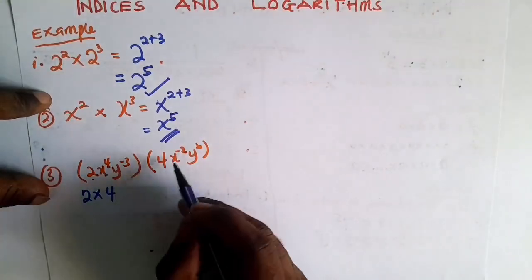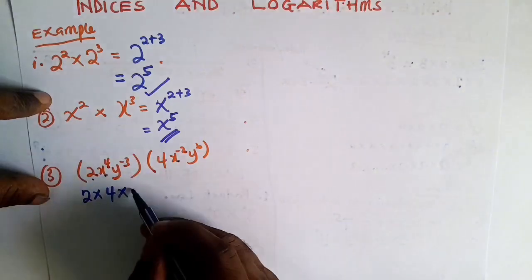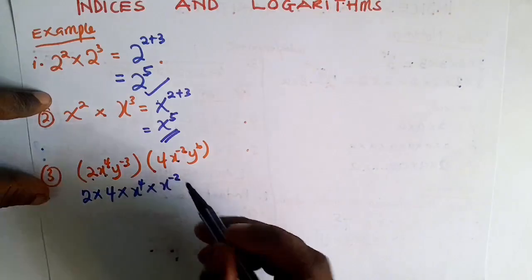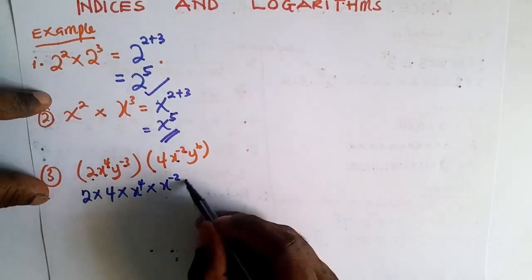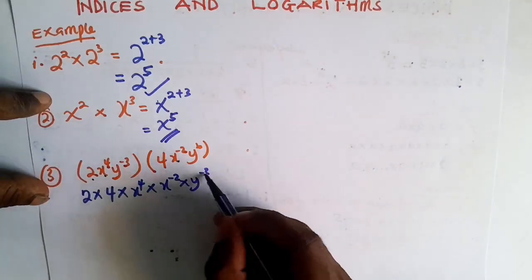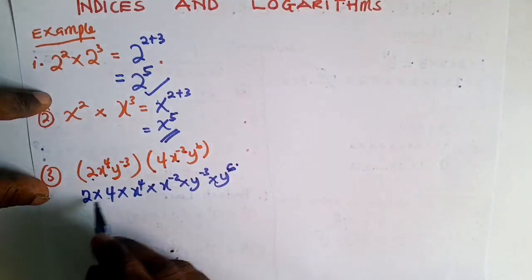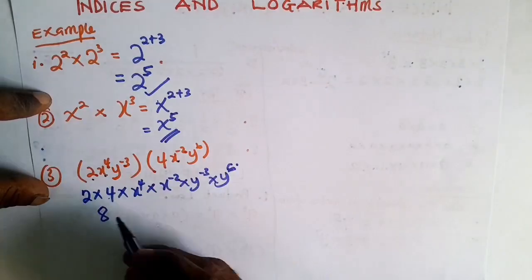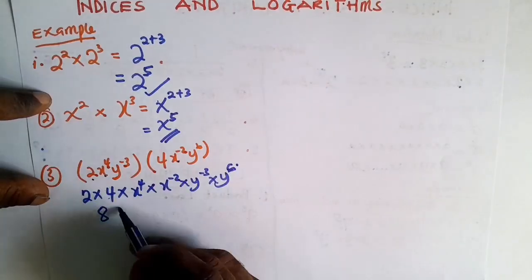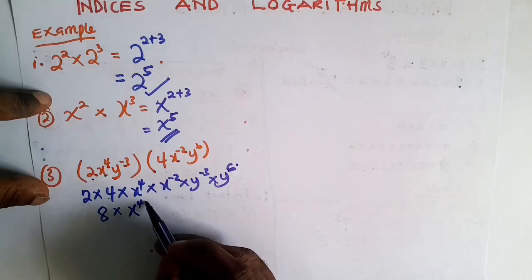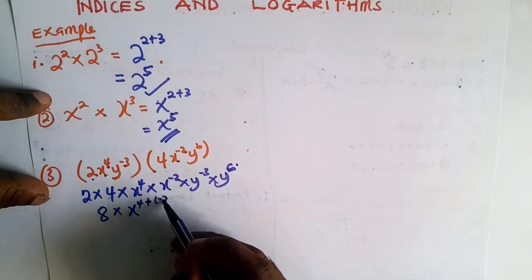Then you multiply the x's, x power 4 times x power negative 2, and multiply the y's, y power negative 3 times y power 6. When you find the product of the numbers, you get 8. Then for the x's, you get x power 4 plus negative 2.